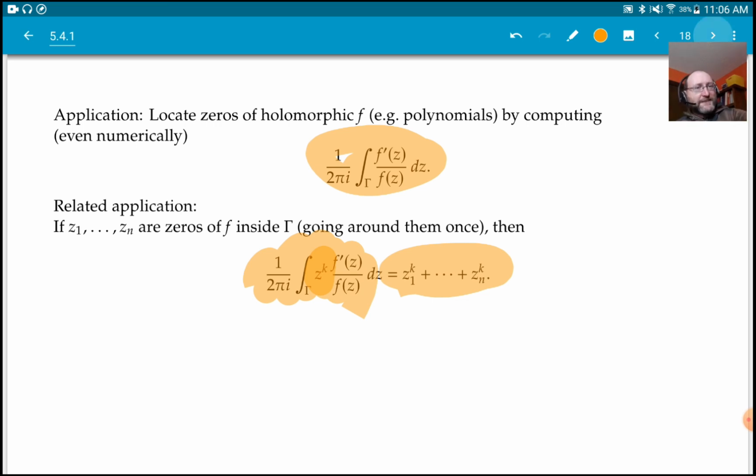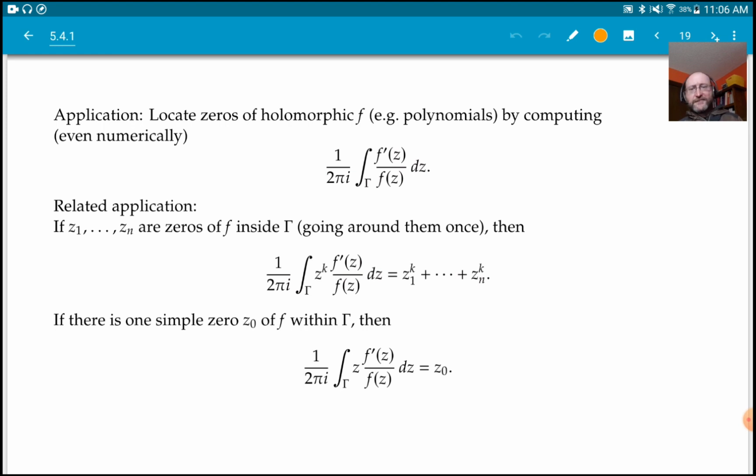Now, if I know it's simple, I don't have to solve anything. If there's a simple zero inside gamma, just do it with k equals 1. If there's a single zero, let's call it z naught, and I compute this integral, it gives me precisely the zero.